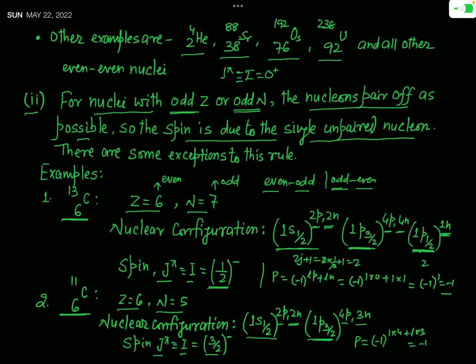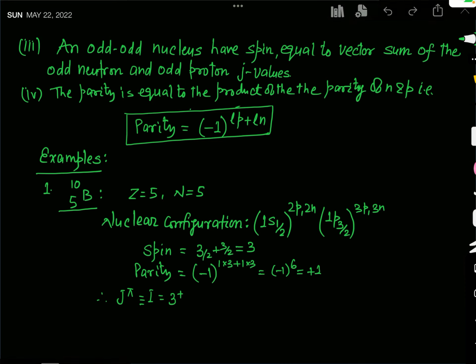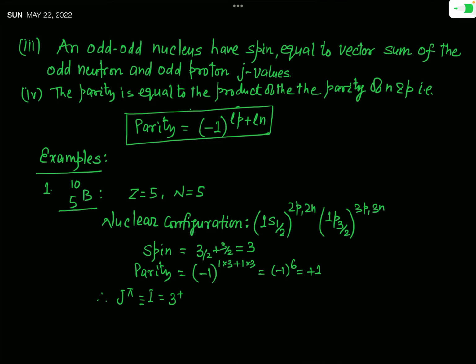So this will be minus 1 raised to the power 7, which is equal to minus 1. So parity will be negative. I have written the spin with parity like this: J pi or I is equal to 3/2 minus. Minus represents the parity of this nucleus. I hope you are understanding the facts. All rules are almost similar, you can see.